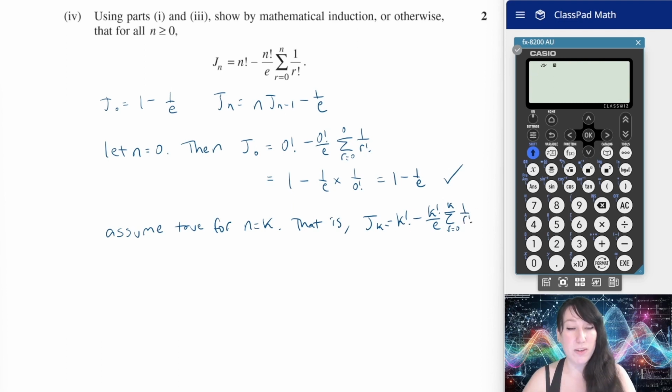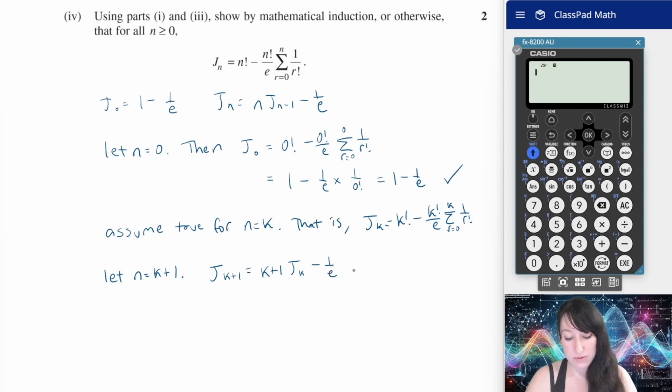Now let's see if we can prove it for n equals k plus 1. Our original definition of Jn would mean that J(k plus 1) would equal k plus 1 times J(k plus 1 minus 1), which is just Jk, minus 1 over e.